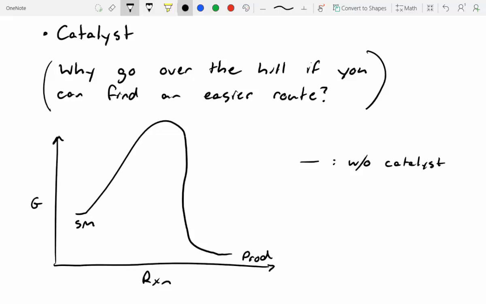The catalyst facilitates the reaction, and it changes the mechanism. And when you do this, the reaction pathway can change a lot. And oftentimes it can involve one or more different intermediates. So now this activation energy, the largest hill we have to climb, is much, much smaller than without a catalyst.